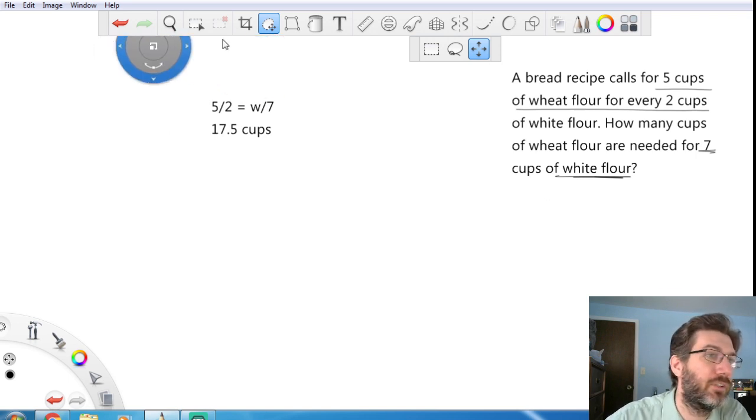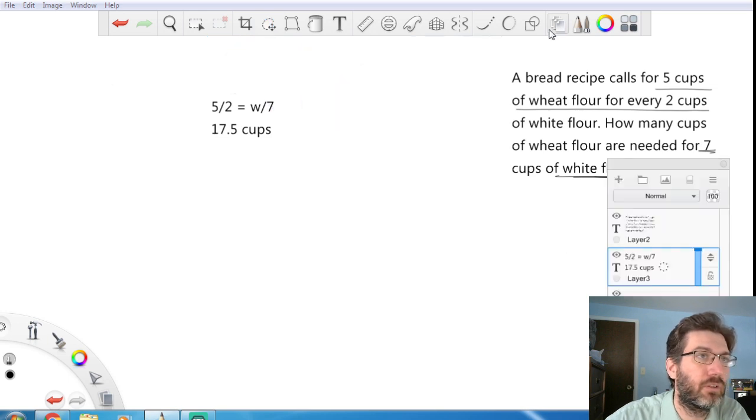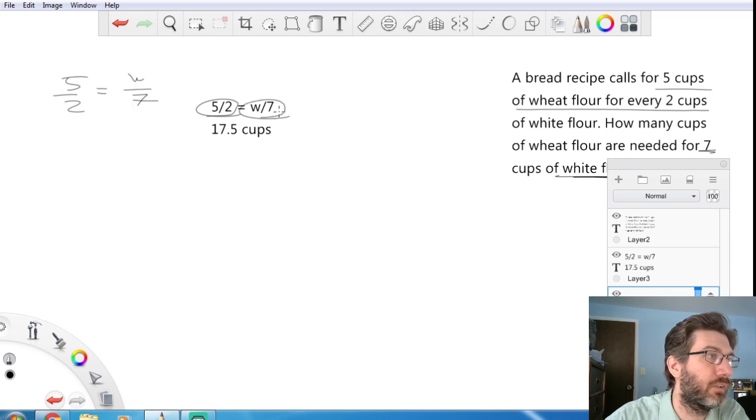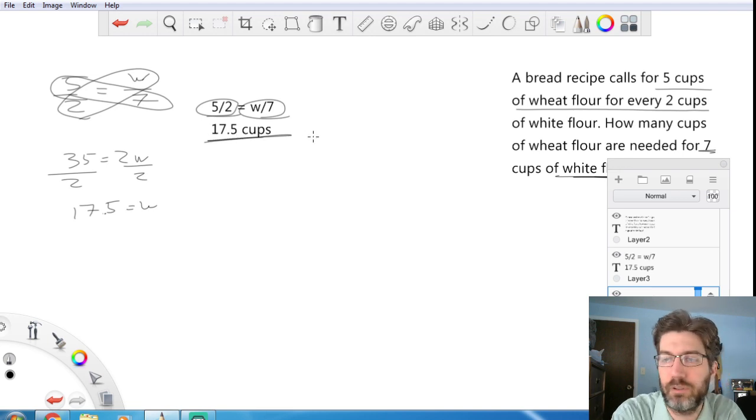So here you have your original ratio, which was, you get that? So like 5/2, that's where that is, equals W/7, that's where that is. You can use whatever variable you want, it doesn't really matter. But there you go, you got your 35 equals your 2. I guess I used W there. So 17.5 cups.